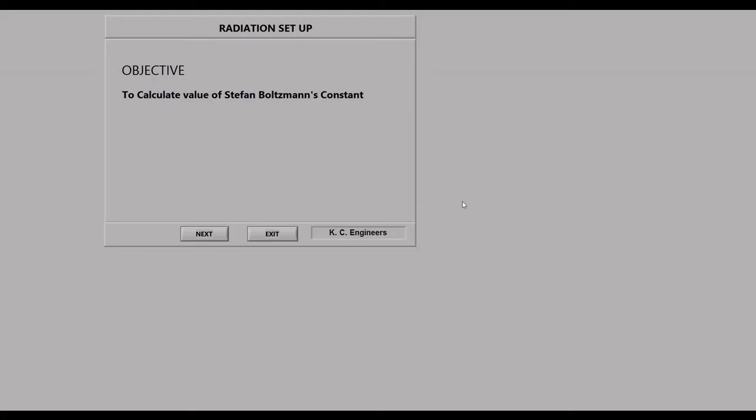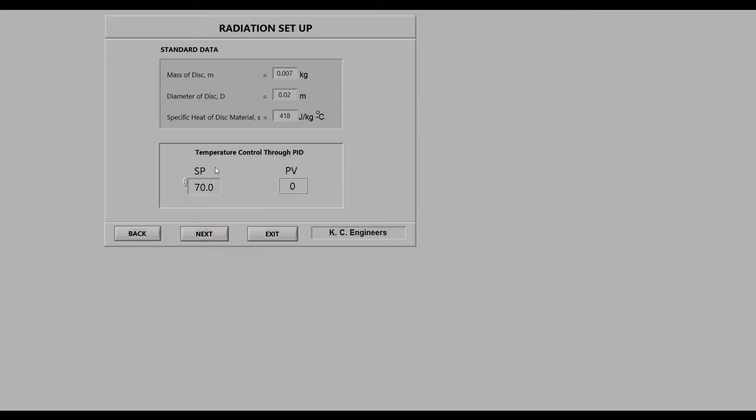Now let's see how we can operate this experiment from the computer. This is how the screen of the computer looks. Here the standard data is given: mass of the disc, which is 0.007 kg, diameter of the disc 0.02 meter, then the specific heat of the disc material.